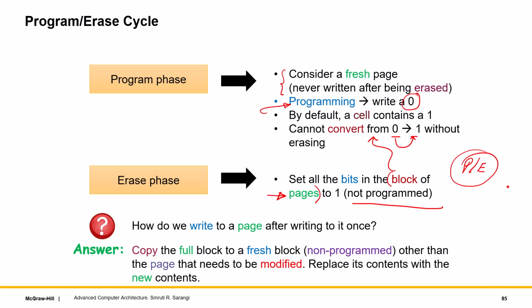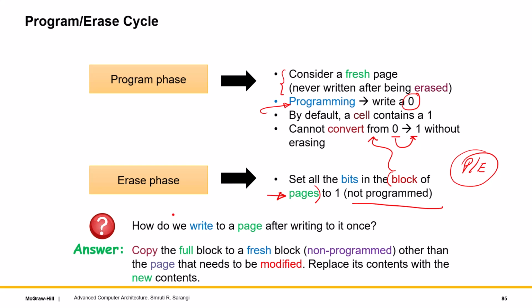And let's say that finer point here, if we want to write to some part of the block but not all of it, then of course we read it out and we store it in a local DRAM or in some other part of the flash memory, and then we rewrite it.